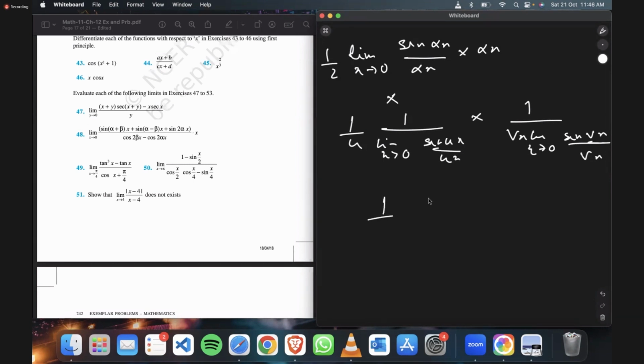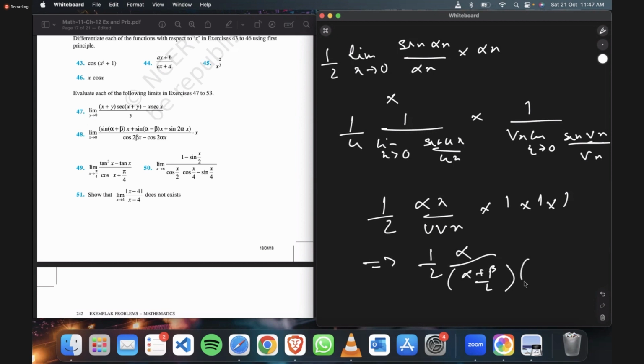So half alpha into 1 into 1. So 1 by 2 alpha uv. So it was alpha plus beta by 2 and alpha minus beta by 2.